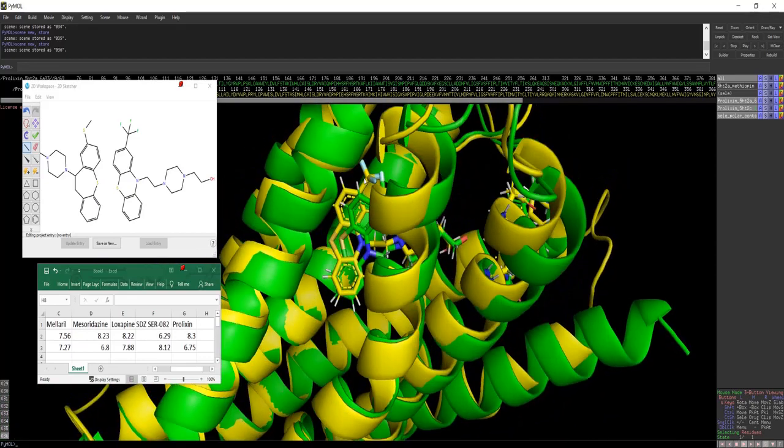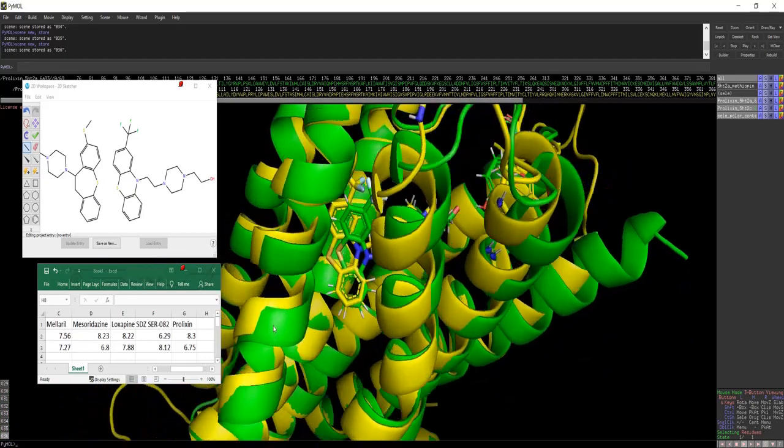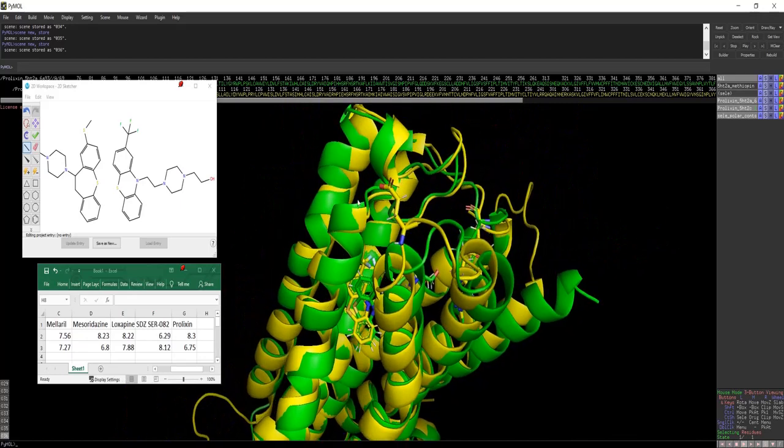But to wrap up the orthosteric binding pocket, we can see that the difference in the proline to the histidine causes a kink in this helix, resulting in a more open binding pocket in 5-HT2C versus 5-HT2A.